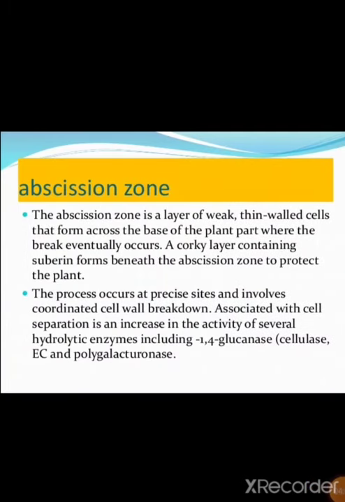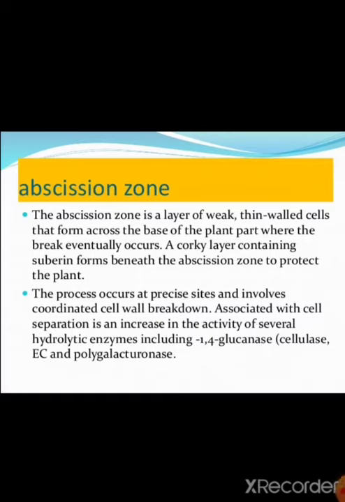Abscission zone. The abscission zone is a layer of weak, thin-walled cells that form across the base of the plant part, where the break eventually occurs. A corky layer containing suberin forms beneath the abscission zone to protect the plant.